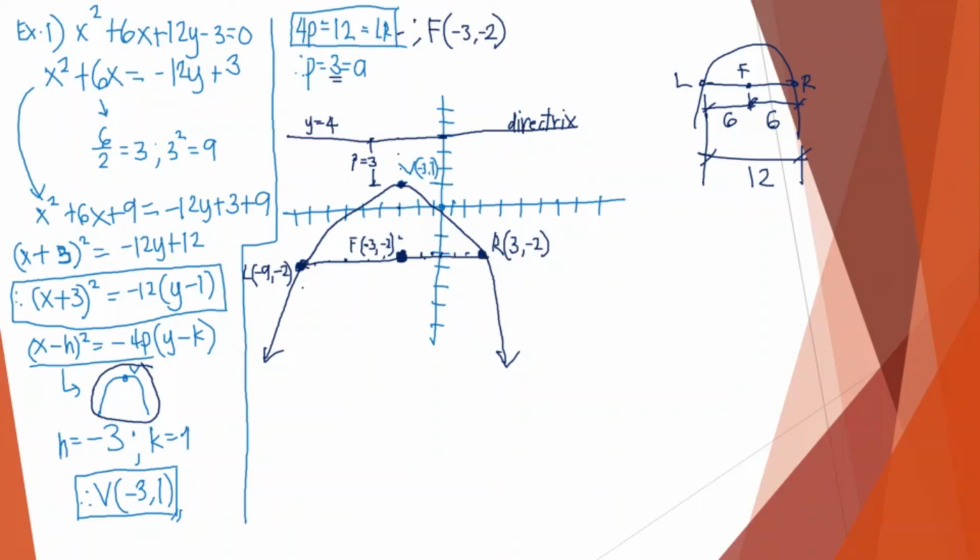You may also put a distance here: latus rectum is equal to 12. These are the important points. Take note, from the focus to the vertex is also distance p. These are the important elements of a parabola.